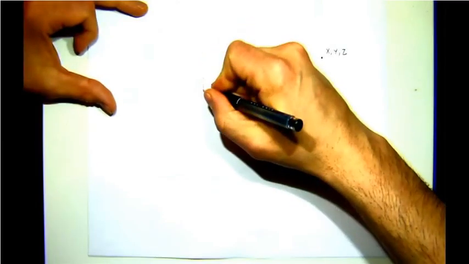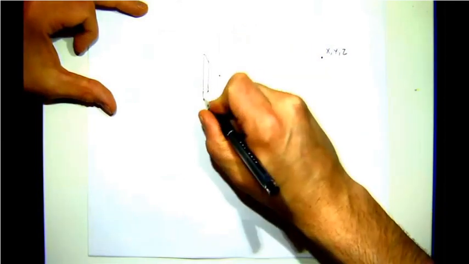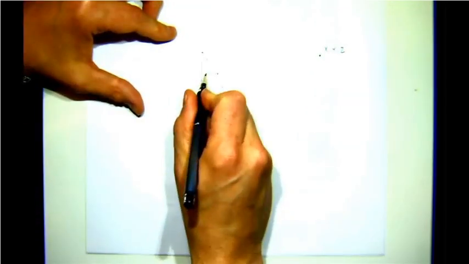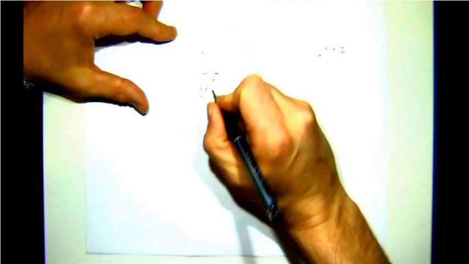And then I've got my image plane here. So this is like my sensor. And then the difference from the camera center, which is the pinhole, and the sensor is the focal length f.